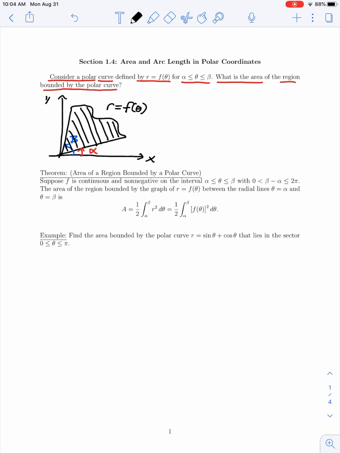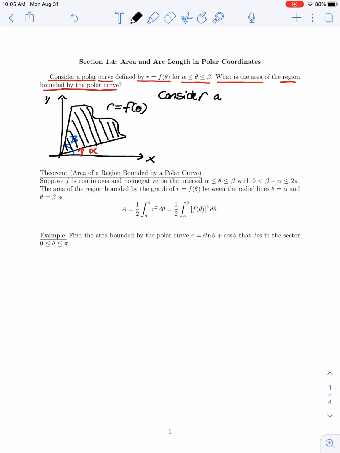So how can we find the area of such a region? Let's think about how to derive a formula for this. We could start by considering a circle. A similar problem would be to find the area of some sector of a circle.